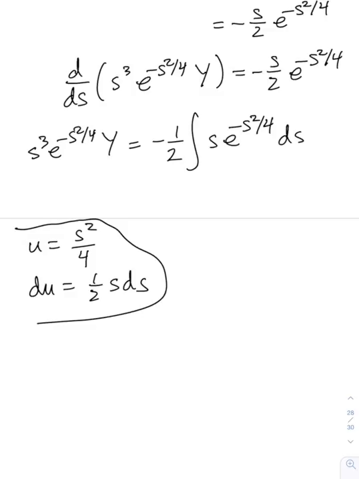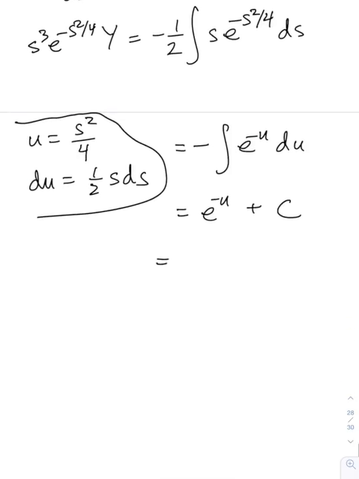Substituting that in, I get negative integral of e to the negative u du. So that's e to the negative u plus C. Plugging back in for u, we have e to the negative s squared over 4 plus C.